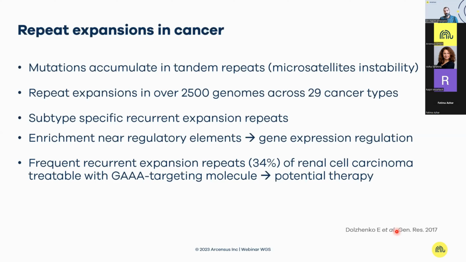This is interesting, as this may be an option that can be translated not only to somatic repeat expansions, but maybe also to hereditary repeat expansions that are involved in the diseases that I mentioned earlier.